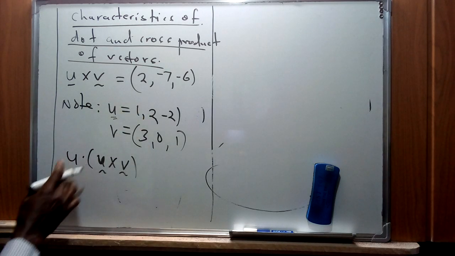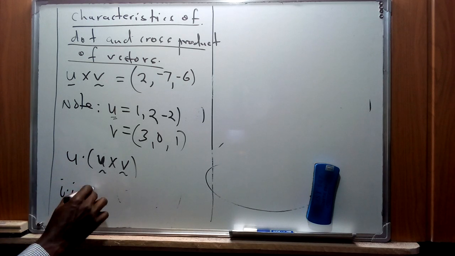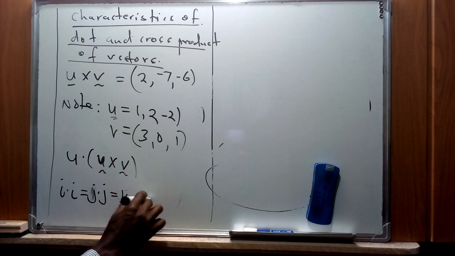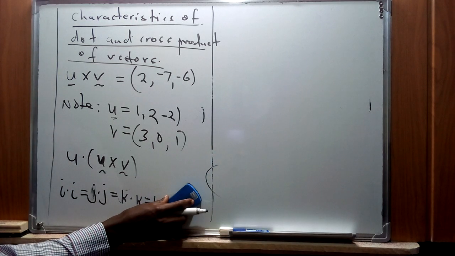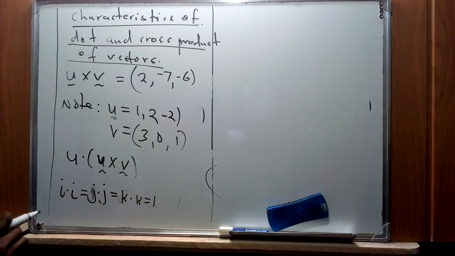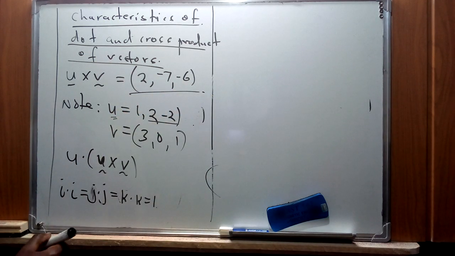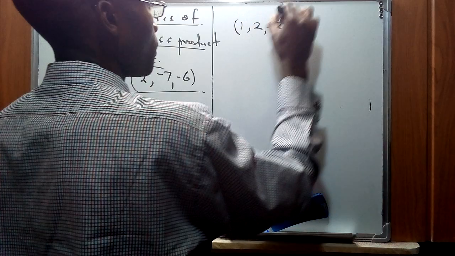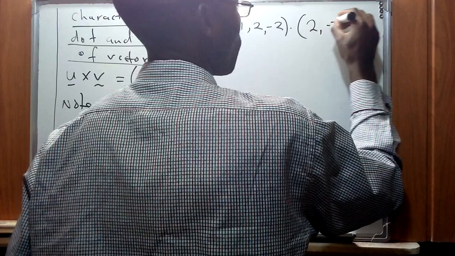We said that i dot i equals j dot j equals k dot k, which equals 1. That is one of the concepts we have to take note of. So we multiply the components, taking (1, 2, -2) dot (2, -7, -6).